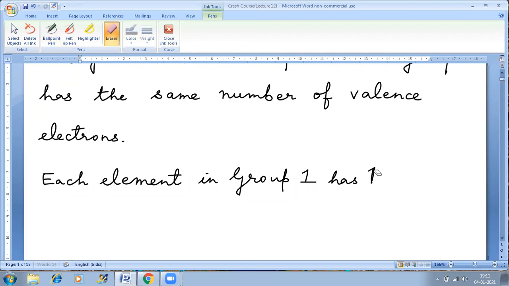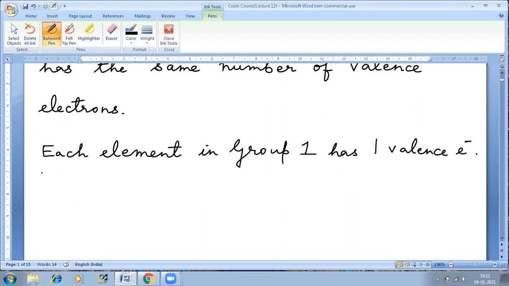That means only one electron is present in the last shell. The last shell is also called the valence shell. e minus means electron. We will do some questions later, so these points can help you there.